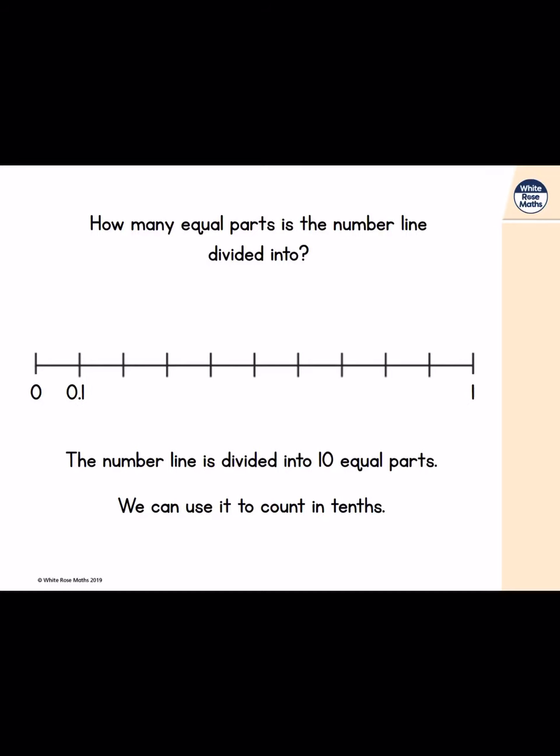So, after 0, we've got 1/10, 0.1, then 2/10, 0.2, then 0.3, keep counting with me, 0.4, 0.5, 0.6, 0.7, 0.8, 0.9, and then we have 1.